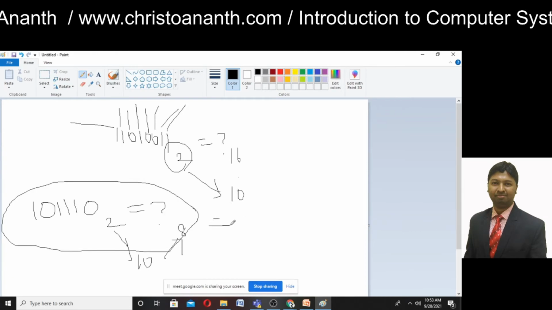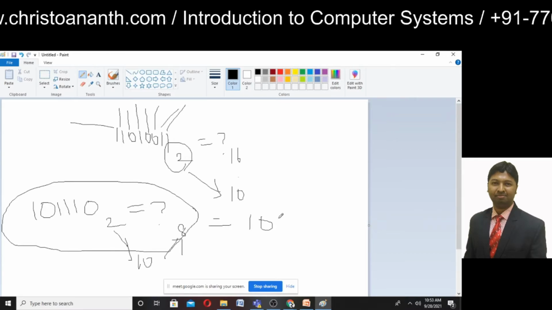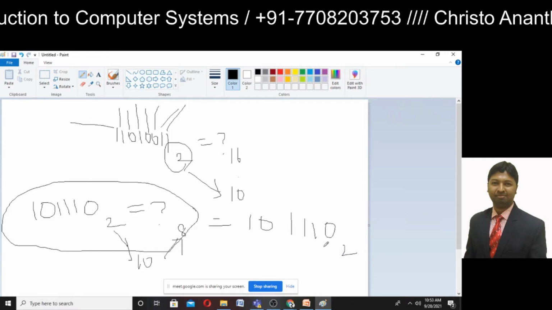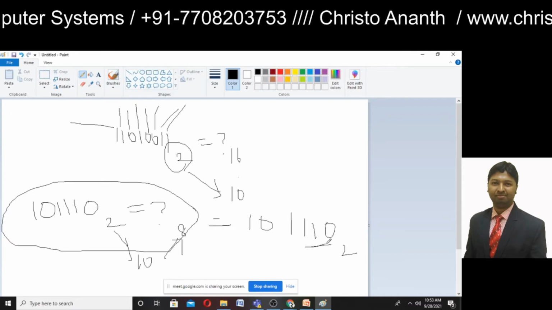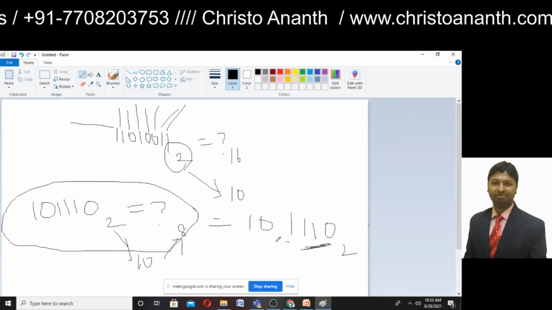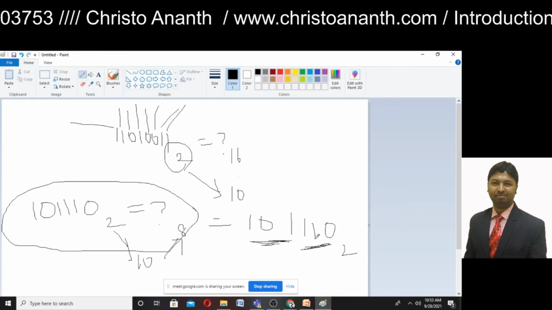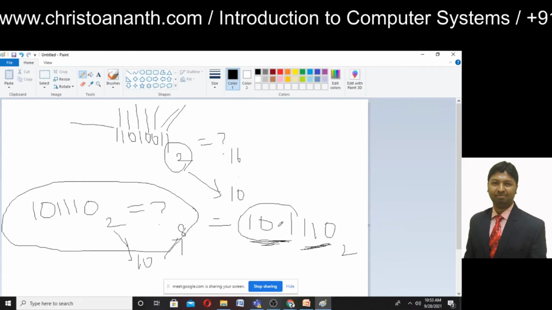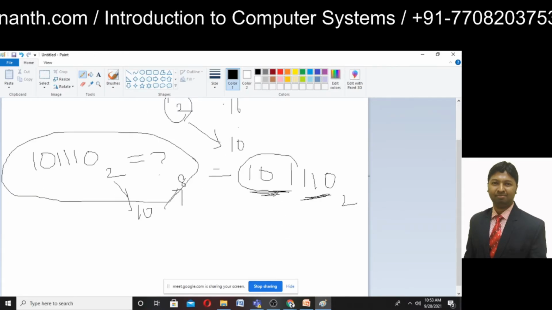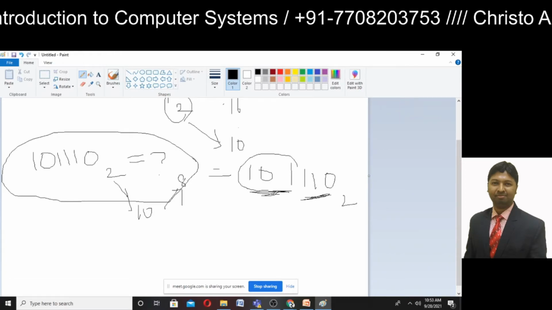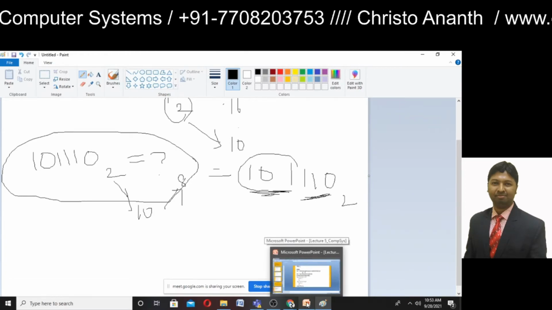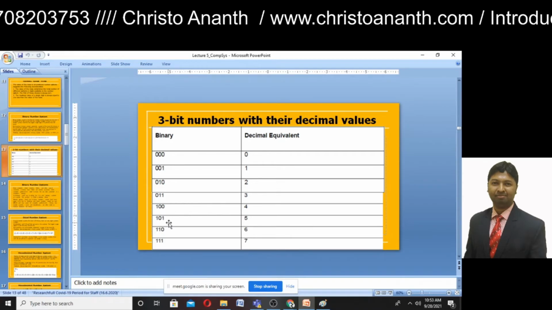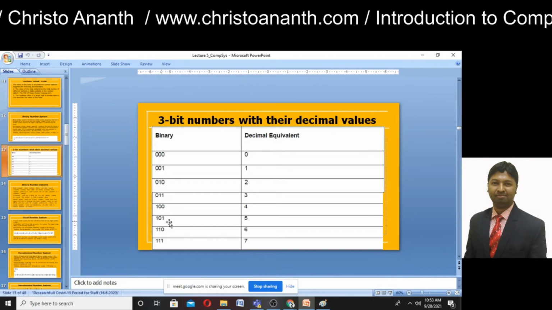You have the number 101110 to the base 2. You group it into 3. Now, what is the value of 101? 101 is 5.